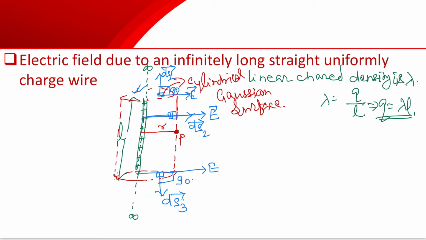Now, for finding the net electric field intensity at point P, we will apply Gauss theorem, and for that we have to find the electric flux through this cylindrical Gaussian surface.